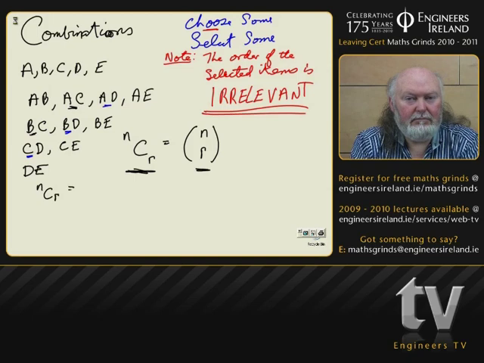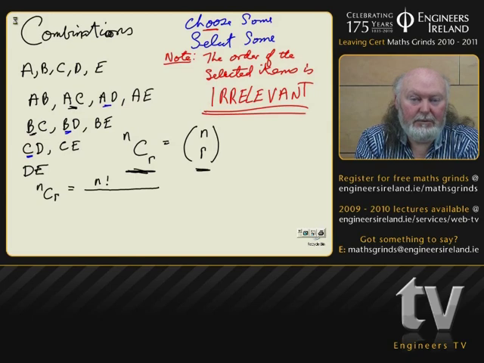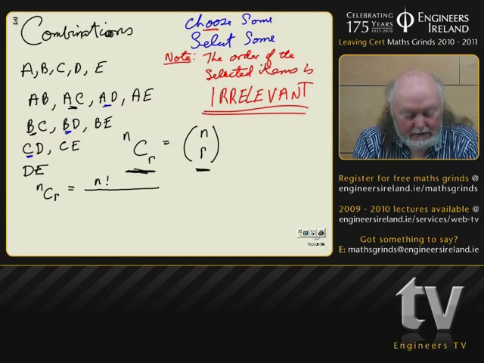And we will show how it's arrived in a few seconds. It's n factorial divided by. Now I'm going to just switch the order at the bottom in comparison to how it's normally put in the books, and I'm doing it so that you'll be able to tie it back to what you've done already.